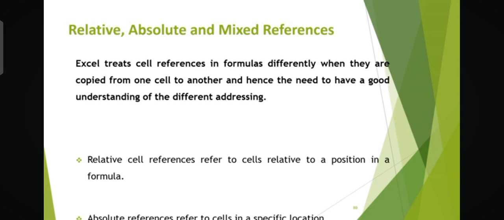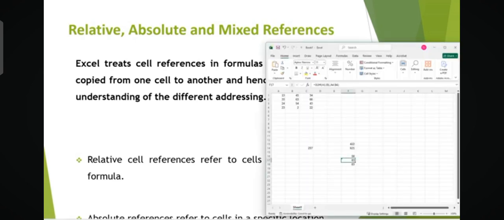Now, Excel treats all cell referencing in formulas differently when they are copied from one cell to another. When you copy a cell from one cell to another, you would see that there's always something that is maintained, which is the relativeness of the cell. So, for example, let me show you this before we explain.